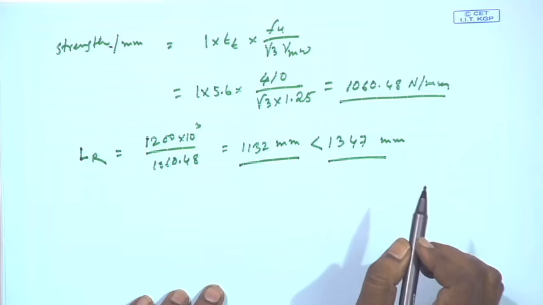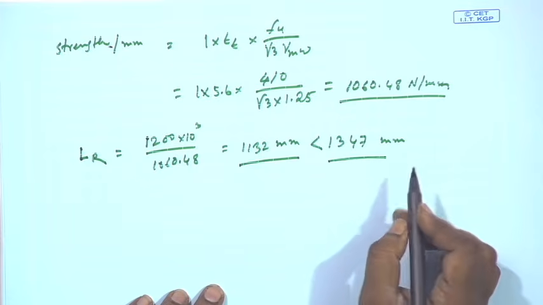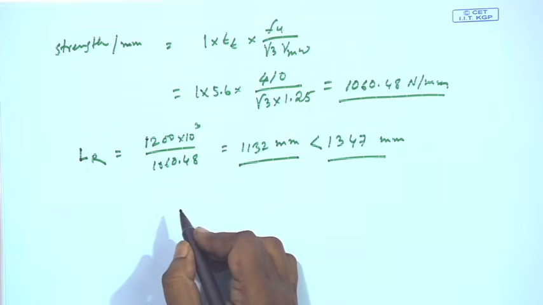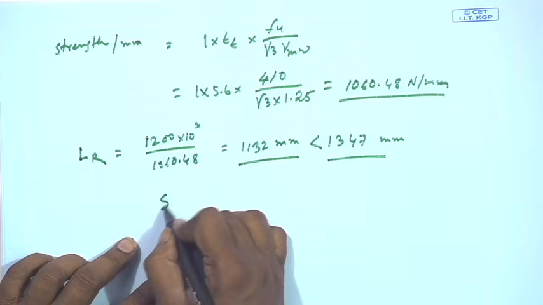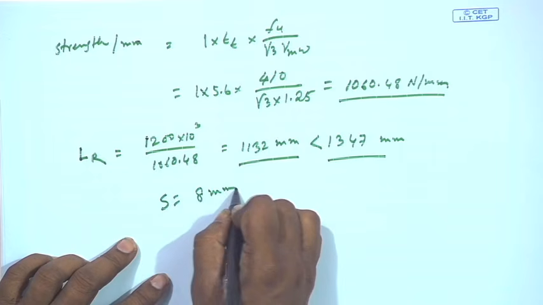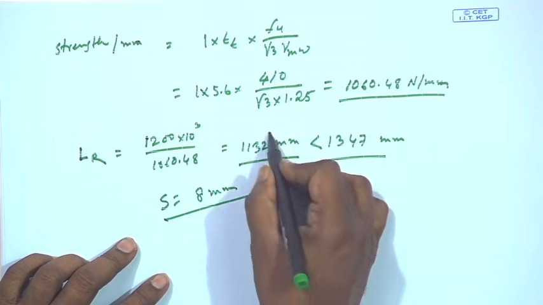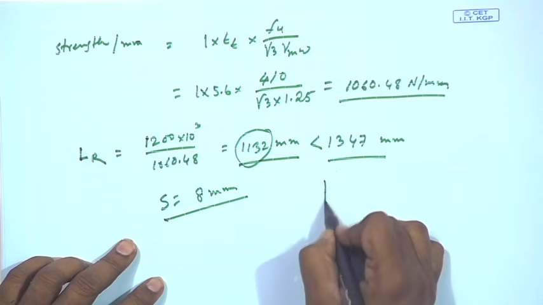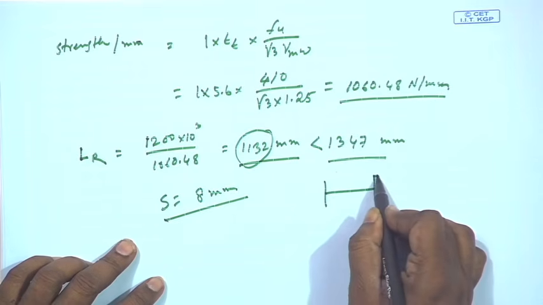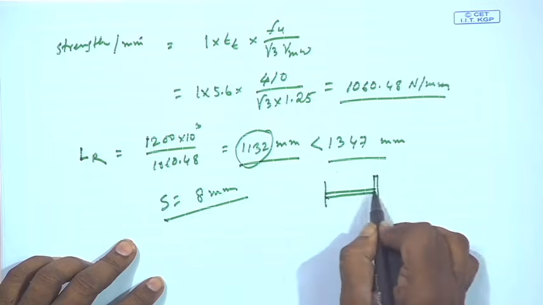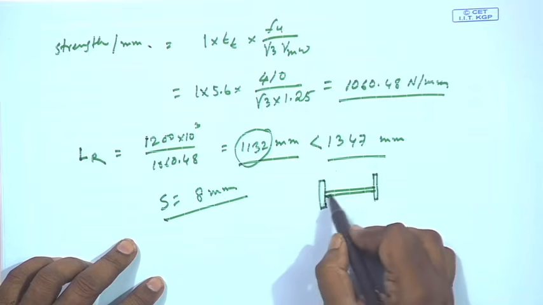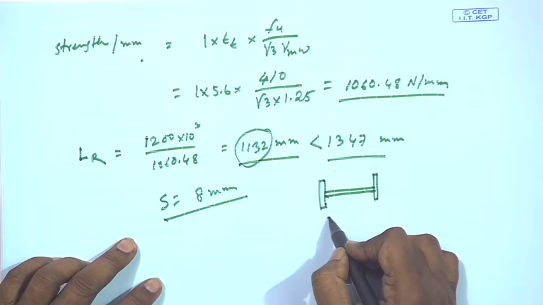That means the size of the weld is okay. So, in design we can provide an 8 mm weld of 1132 mm length, distributed evenly.